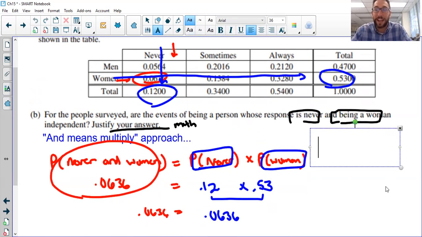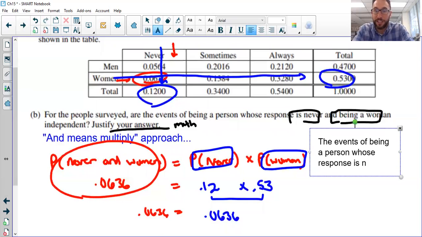When you're writing in stats, my advice is we always need context. So my advice is to reword the question. I would start by writing the events of being a person whose response is never and being a woman, blank independent, either are or are not.